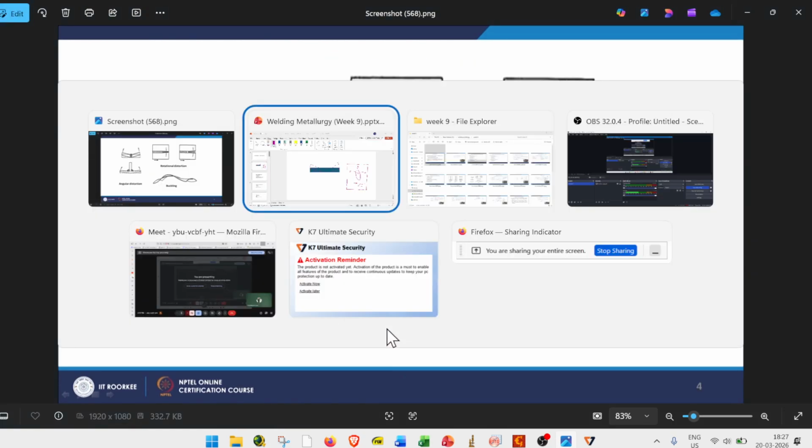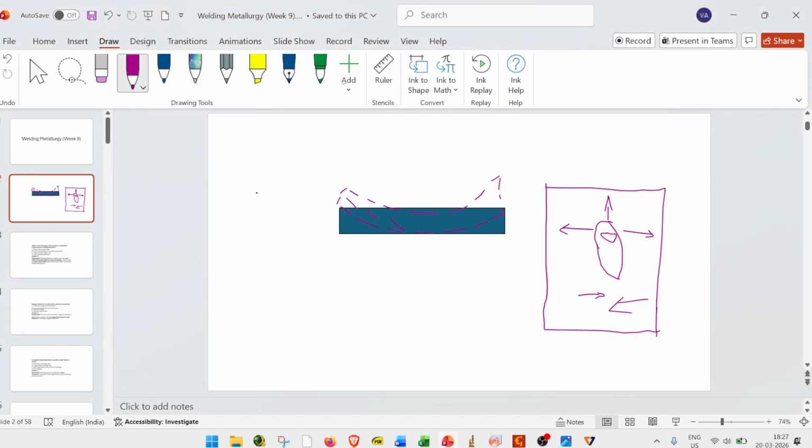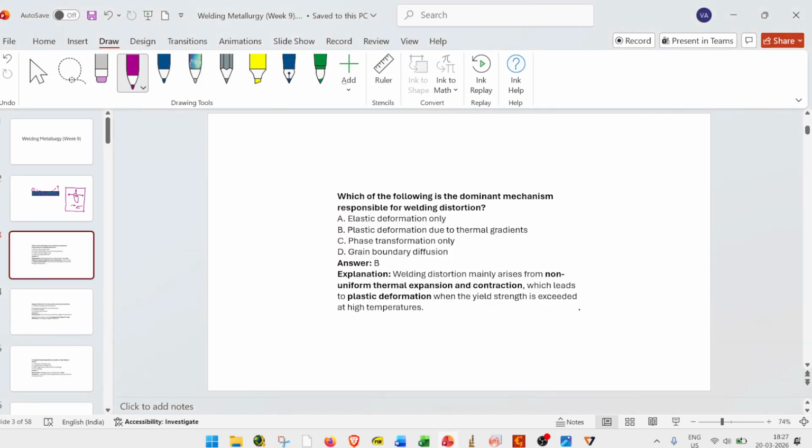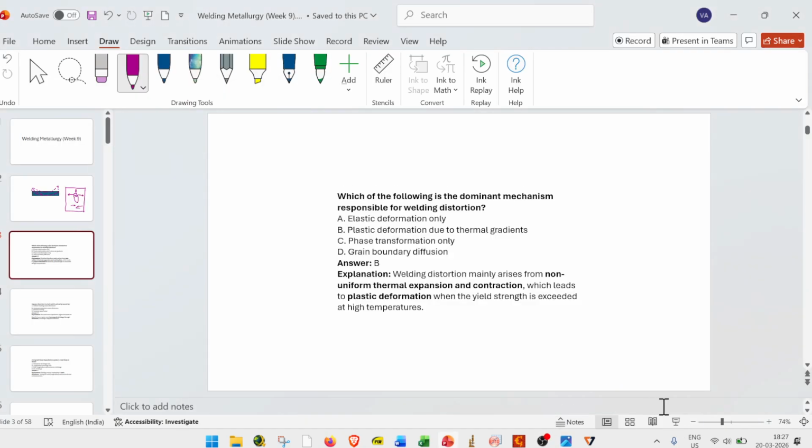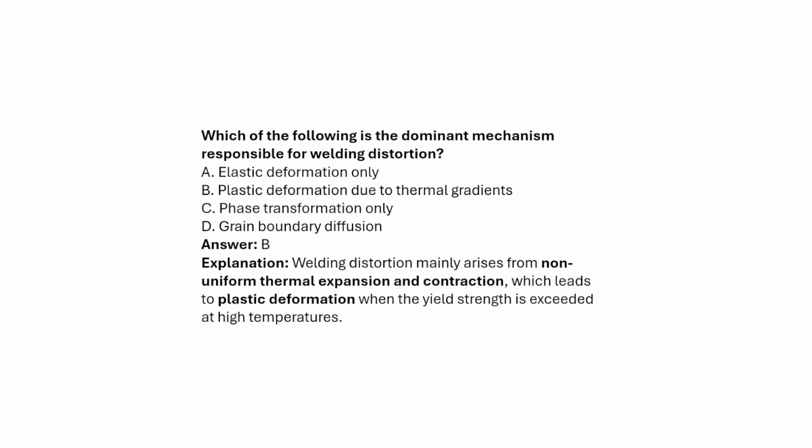So now we can see some of the problem solving. Which of the following is the dominant mechanism responsible for welding distortion? So what is the dominant mechanism? Elastic deformation, plastic deformation due to thermal gradient, phase transformation only, or grain boundary diffusion?